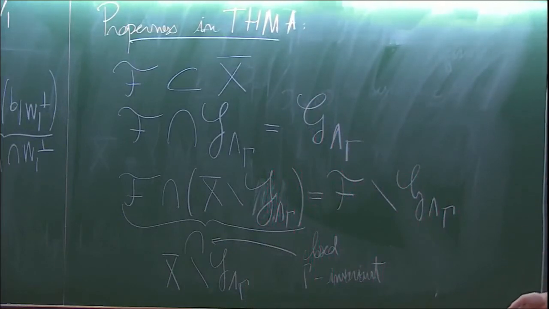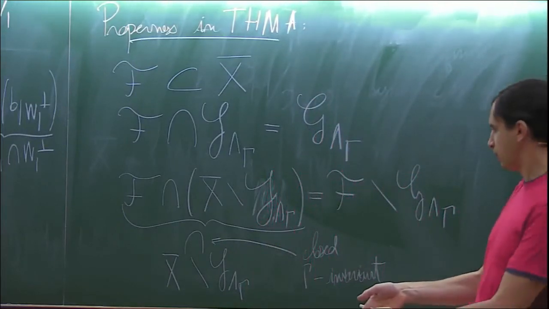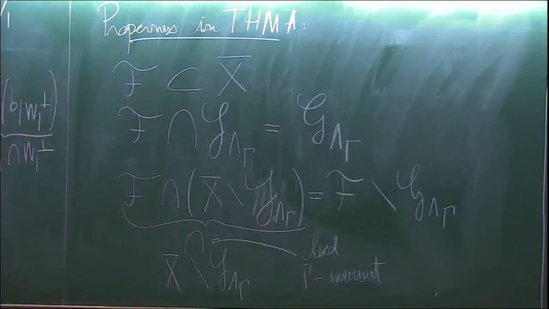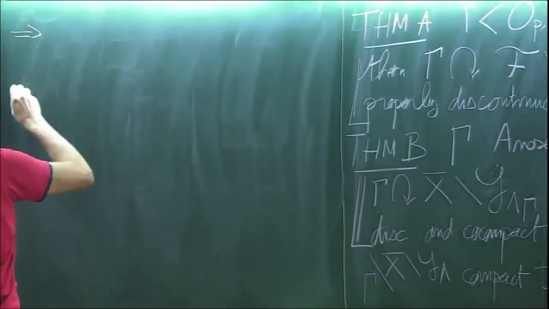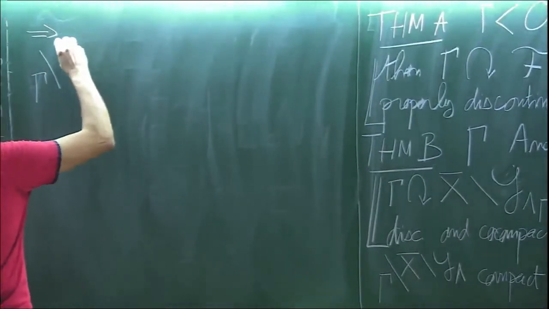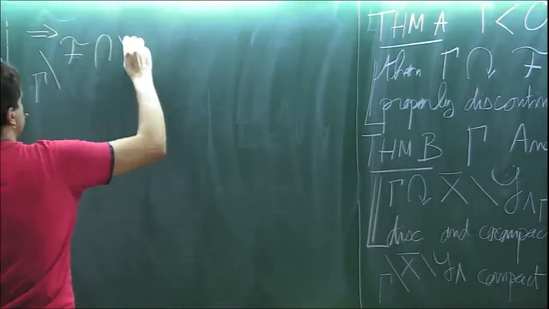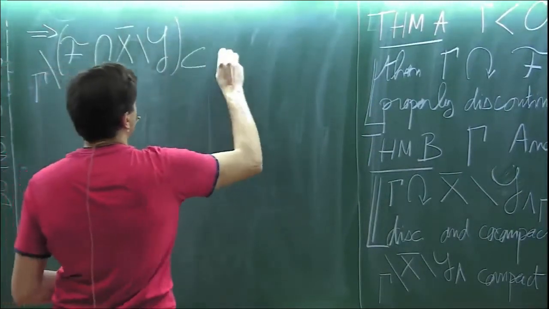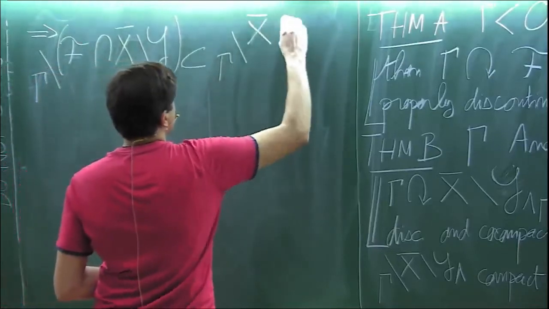So at the quotient, it will give a closed gamma invariant subset of the quotient, which means that I have a closed subset of a compact space, and you deduce out of it co-compact. So the quotient of gamma of F intersected with X bar minus Y is closed.